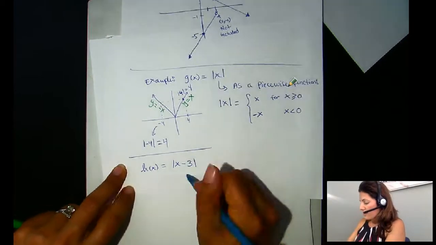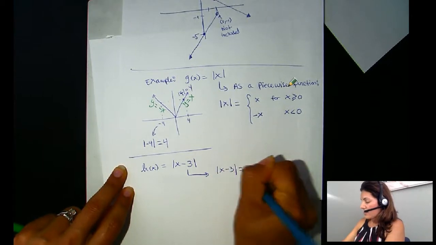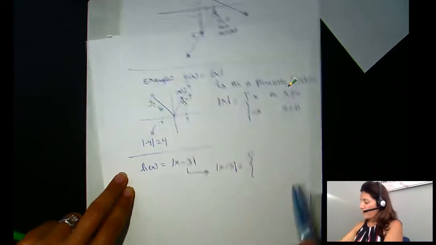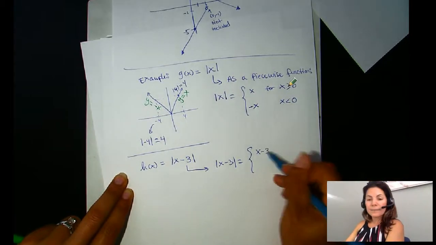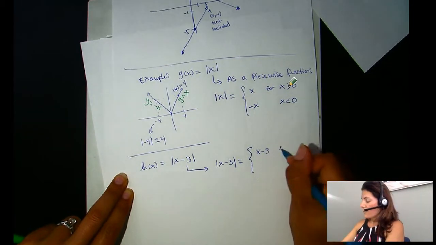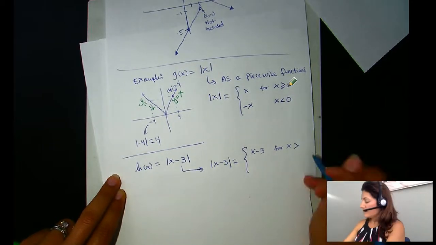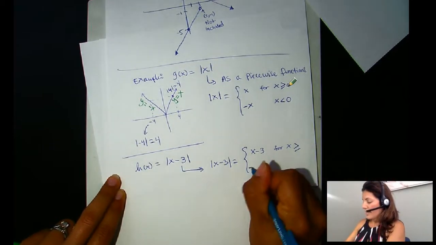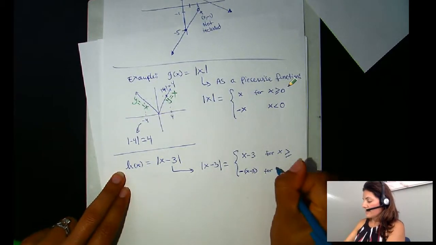So the piecewise function would be the absolute value of x minus 3 is equal to, following what we did here, it would be x minus 3 for what values of x, and it would be the opposite, negative x minus 3, for what values of x.